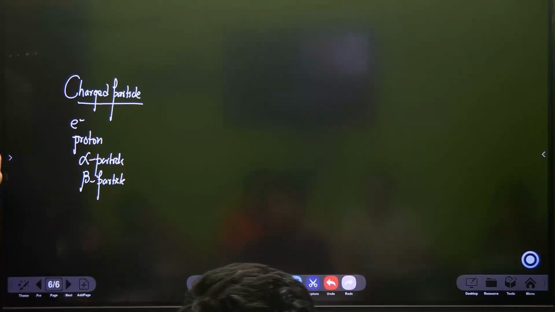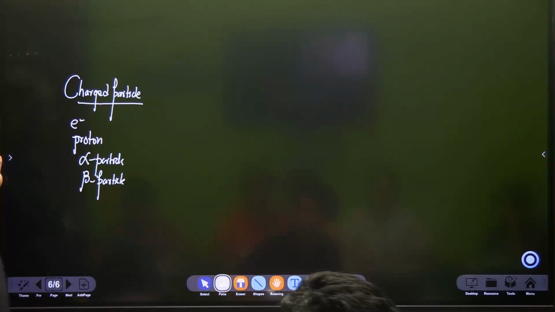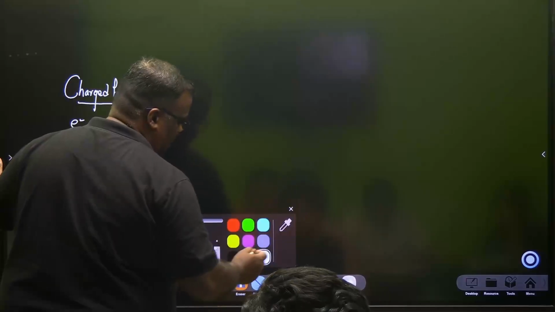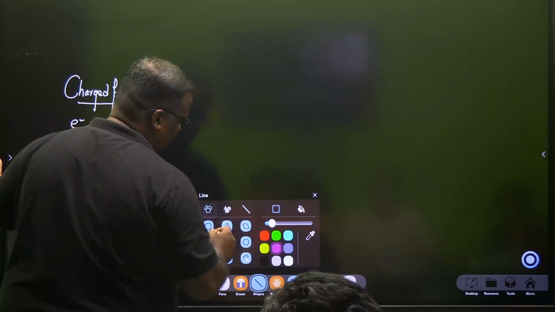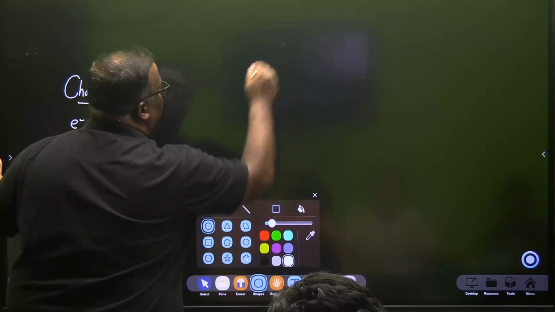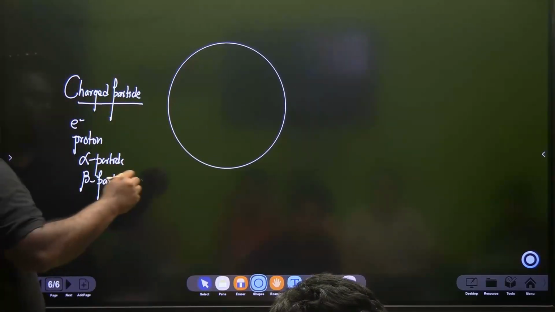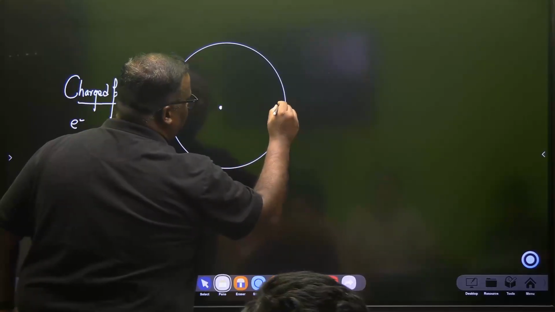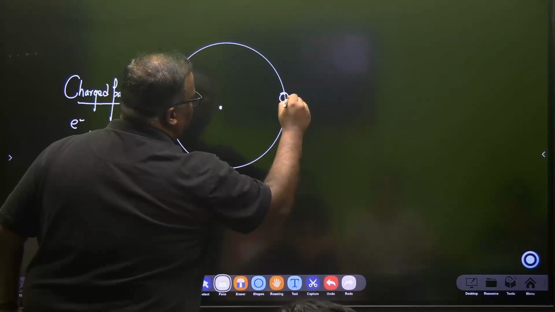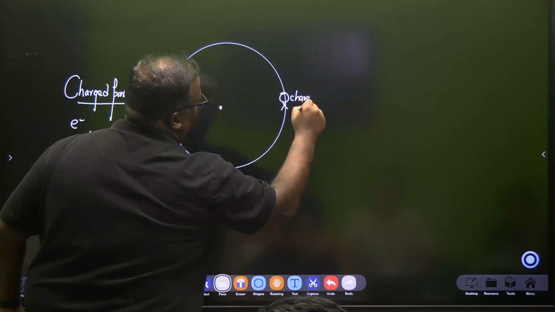Now this will bring in physics of first chapter. So let's see. Let's say there is a center out here, and this is a circular track, and I have put here a charged particle.